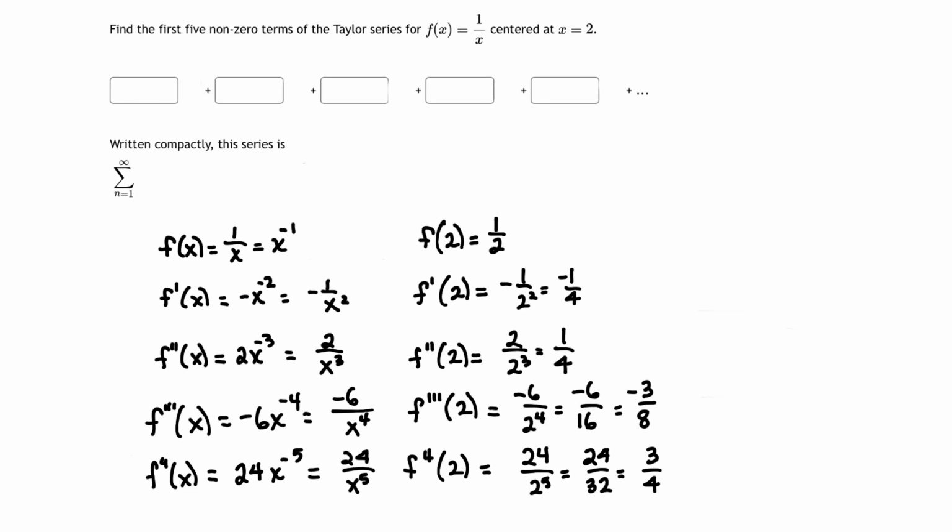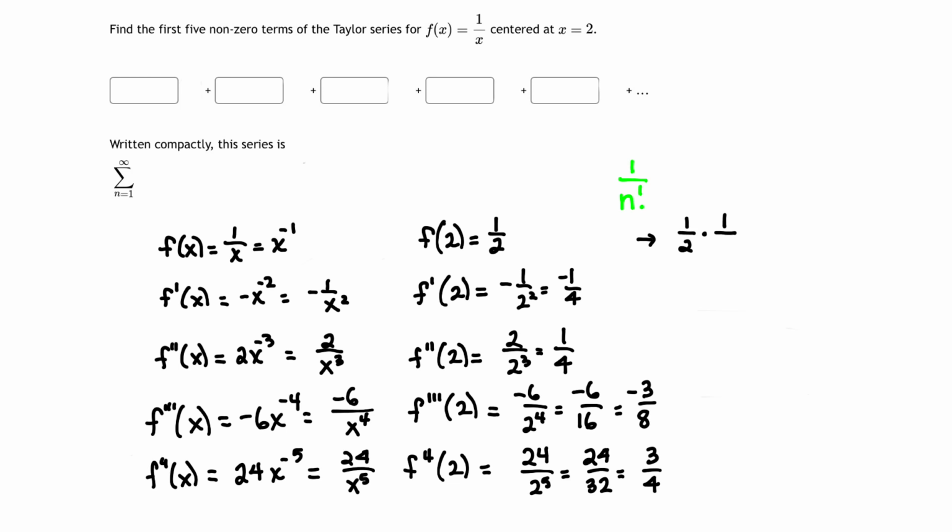Taking our derivatives and combining them with 1 over n factorial, we get the following. We start with our first term, which is 1/2, and we're going to multiply by 1 over n factorial. Now, this is where it's going to get a little complicated. We're looking for our first 5 non-zero terms, remember.